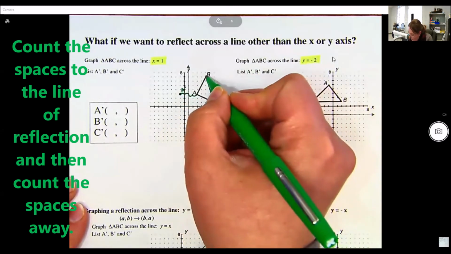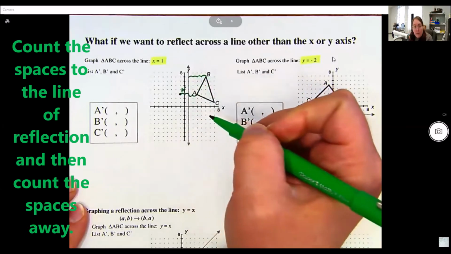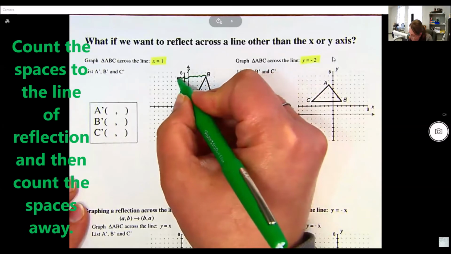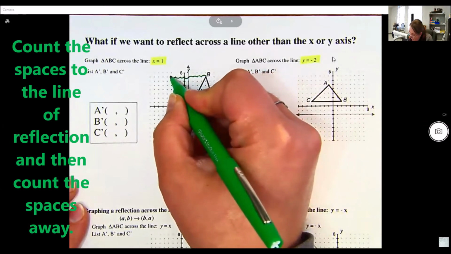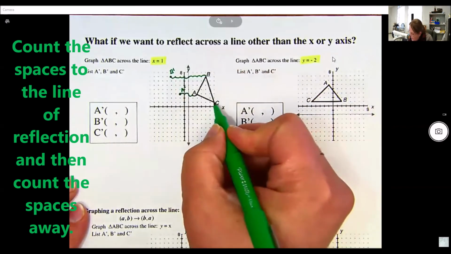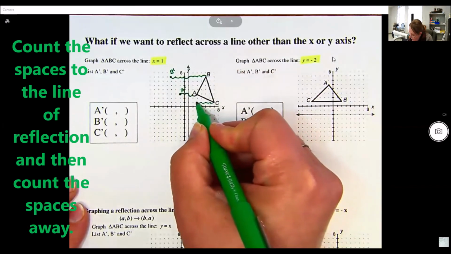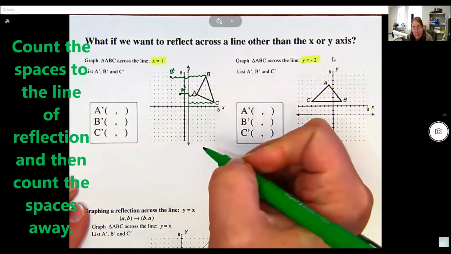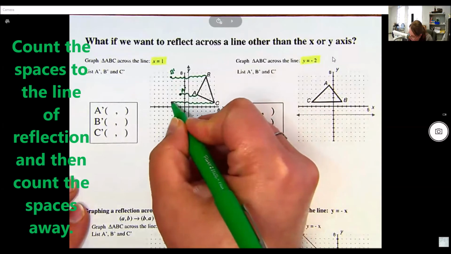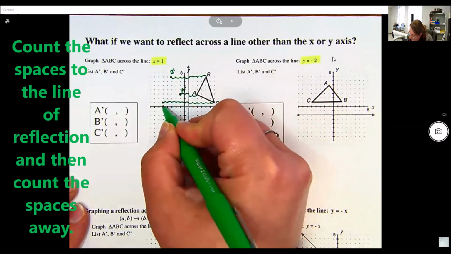I'm going to do the same thing with B. I count 4 spaces to the line of reflection, and then 4 spaces away from the line of reflection, and that's my B prime. Same thing here with C: 6 to the line of reflection, and then 6 to my C prime.